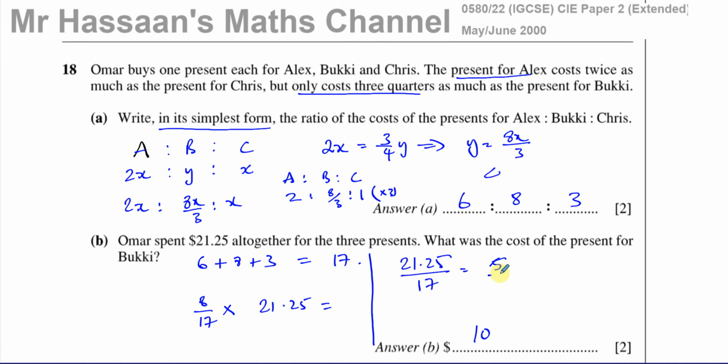And Bookie has 8 parts, so it's 8 times 5 over 4. That's for one part. 8 parts is going to be 10. That's another way of getting the answer. And that concludes this question. So it's a bit tricky, that part A, but it's something you have to just think clearly about and you should be fine.